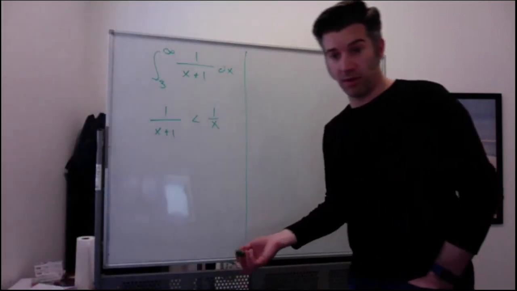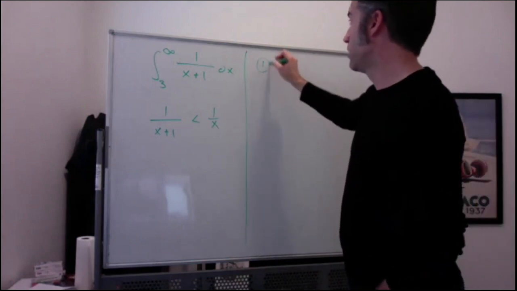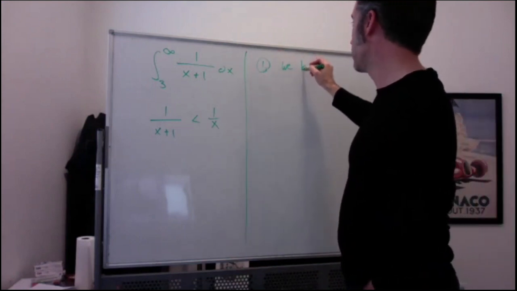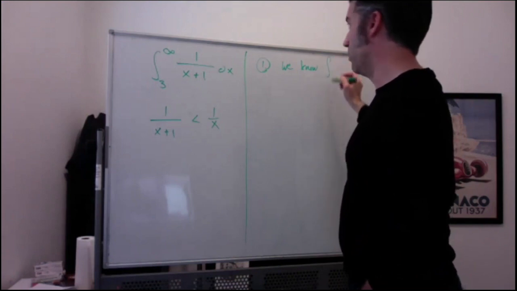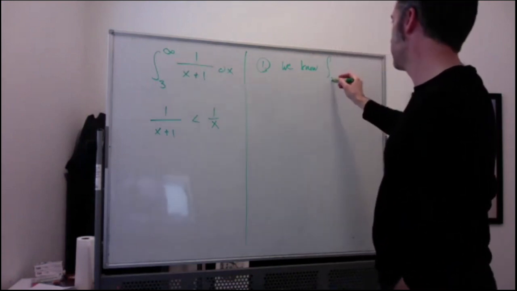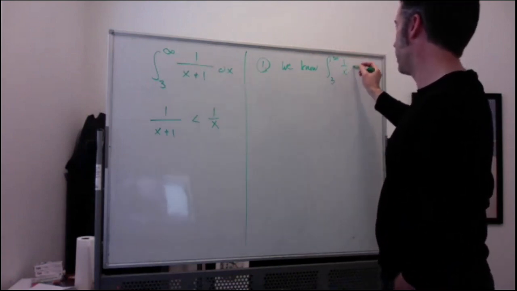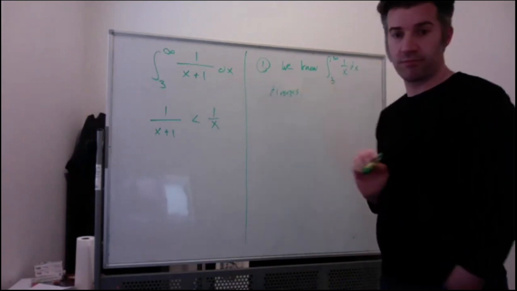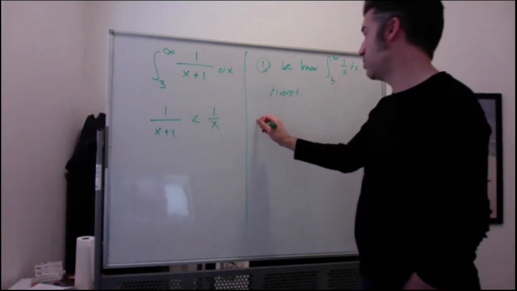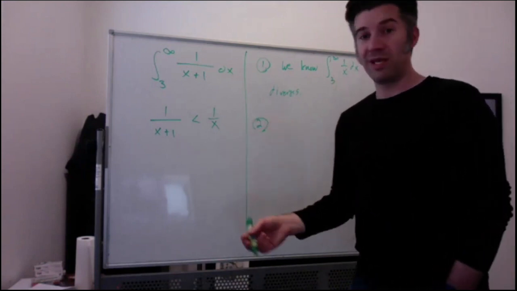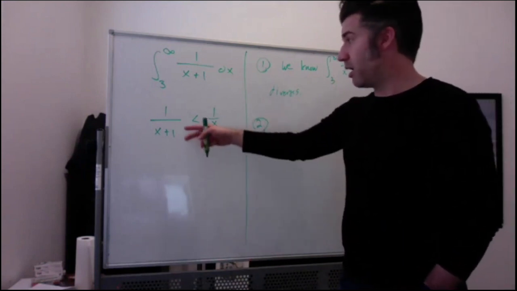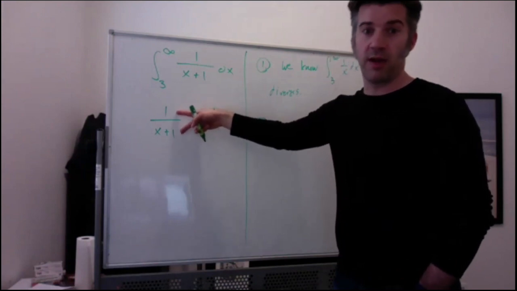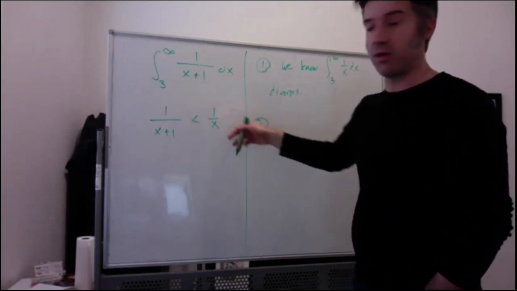This is the limit comparison test. So 1, we know that the integral from 3 to infinity of 1 over x is divergent. 2, we can look at the limit of the unknown integrand divided by the known integrand.